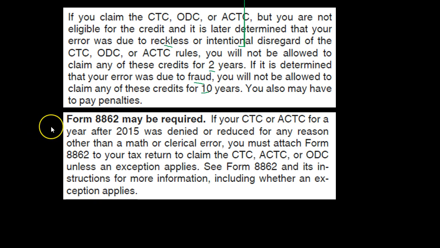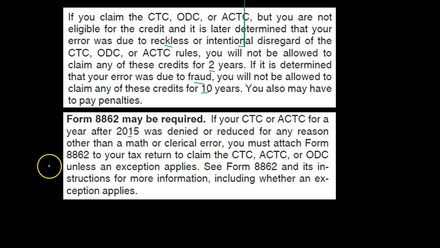And then we'll go back to the Form 8862 may be required. Back to the text: if your CTC, your child tax credit, or the ACTC, the additional child tax credit, for any year after 2015, including the current year, was denied or reduced for any reason other than a math or clerical error, you must attach Form 8862 to your tax return to claim the CTC, child tax credit, ACTC, additional child tax credit, or ODC, which is the other dependent credit, unless an exception applies.